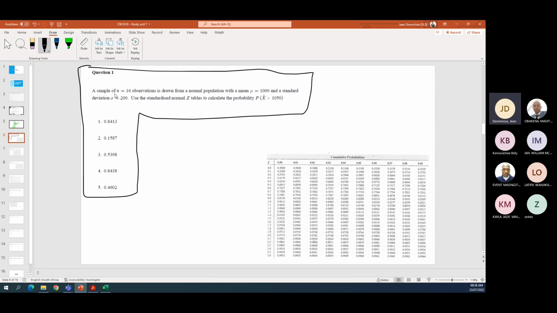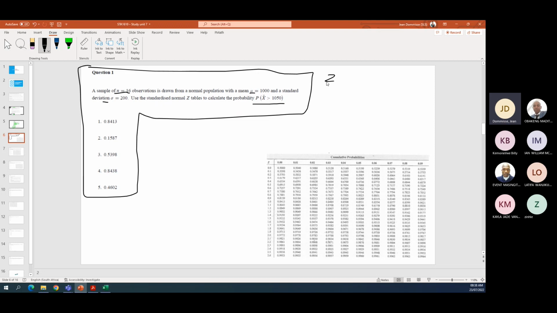We've got a sample, we've got N, we've got a mean, and a standard deviation. Use the standard normal table to calculate the probability that X will be bigger than 1050. Okay, so I start off with just replacing things in the formula.